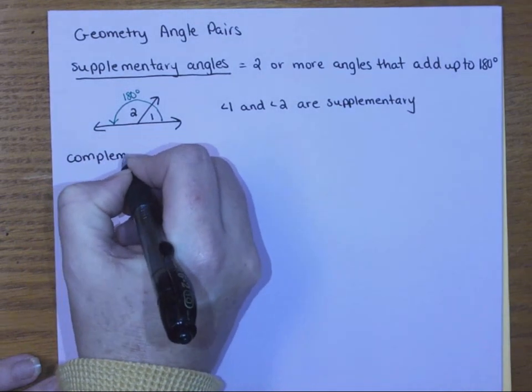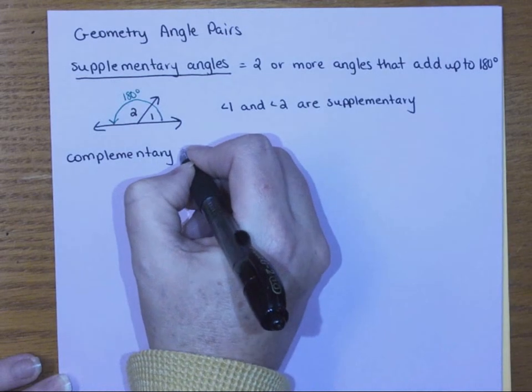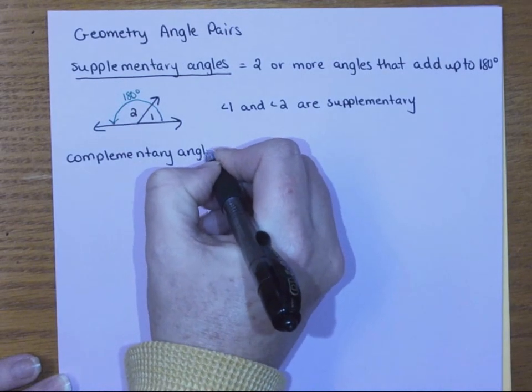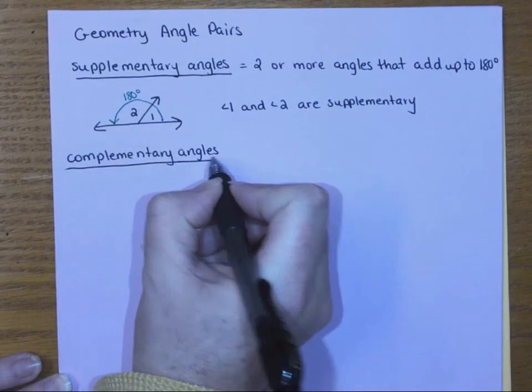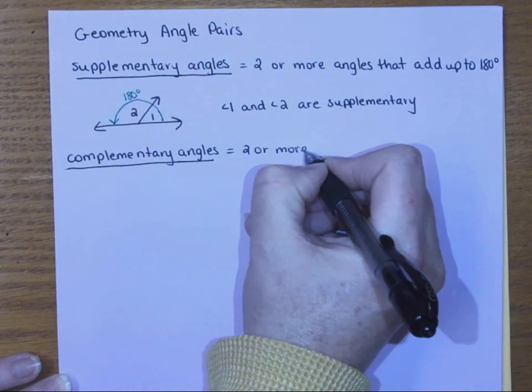And then the word that describes angles that add up to 90 degrees is complementary. And this is just two or more angles that add up to 90.